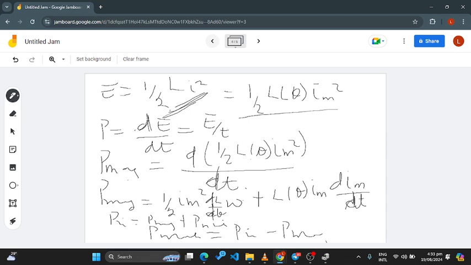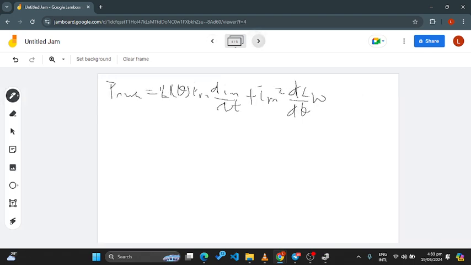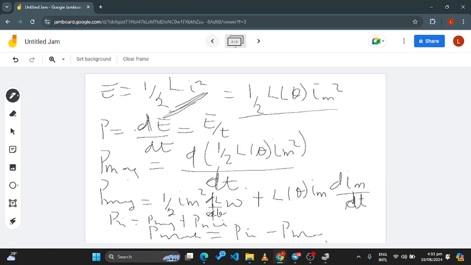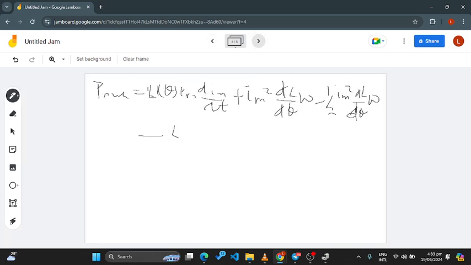magnetizing. So that will be equal to minus half Im squared dL/dθ omega, minus the second part over here, L of theta Im dIm/dt.